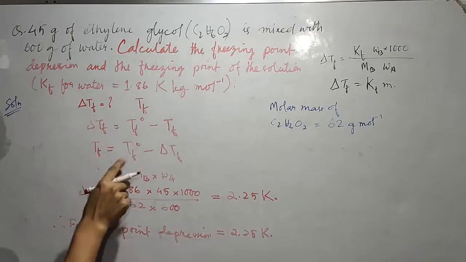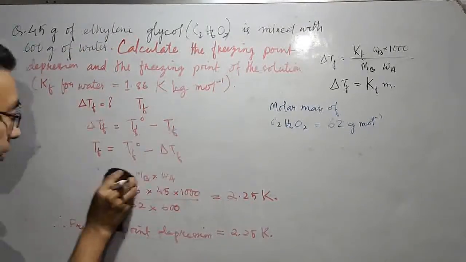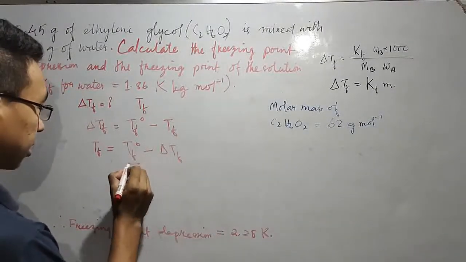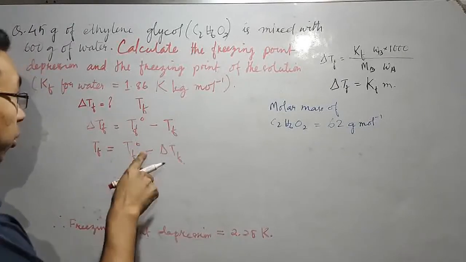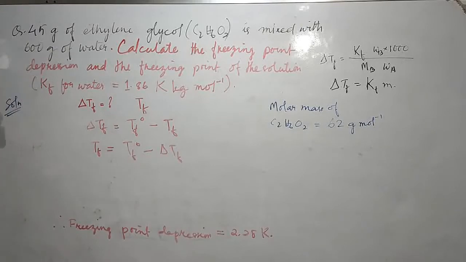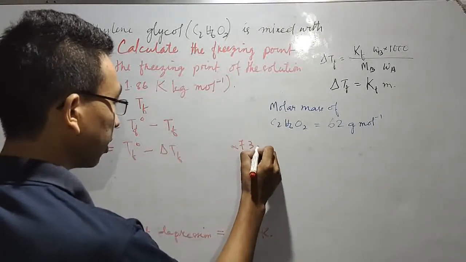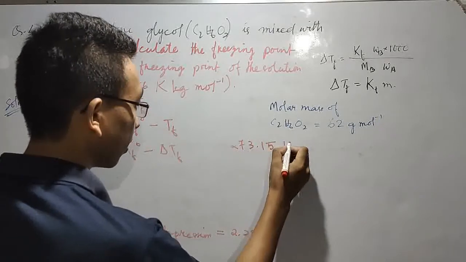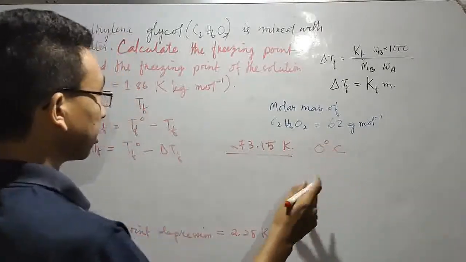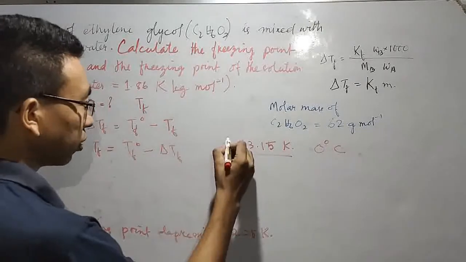We have to find this one, and TF degree is not given here. But we must remember that this is the freezing point temperature of the solvent, and here the solvent is water. We know that for water the freezing point is 273.15 Kelvin, or 0 degree. At 0 degree the water freezes, so this will be known to us.